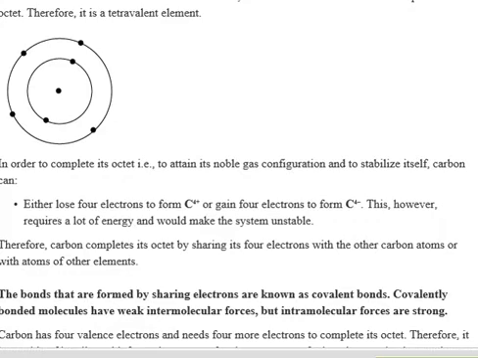Therefore, carbon completes its octet by sharing its 4 electrons with other carbon atoms or with atoms of other elements. The bonds formed by sharing electrons are known as covalent bonds. Covalent compounds have weak intermolecular forces.